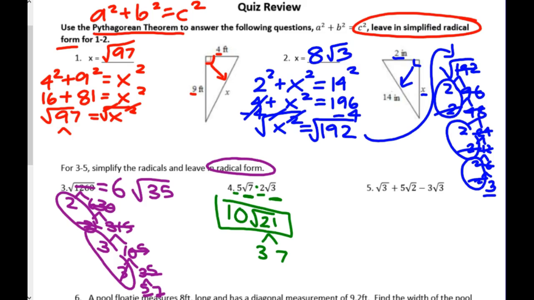Okay? So, what do you think? What has the same square root? Okay, it's square root of 3 and minus 3 square root of 3, right? This square root of 2 in the middle is not a like term. It doesn't match, right? So this 1 square root of 3 minus 3 square root of 3, you can actually do the math.